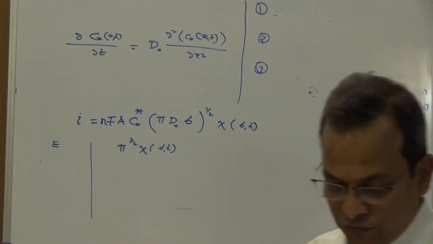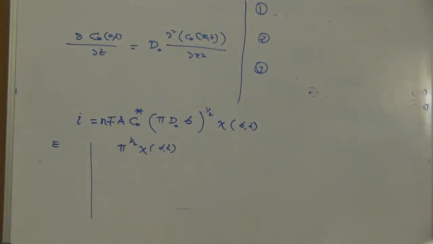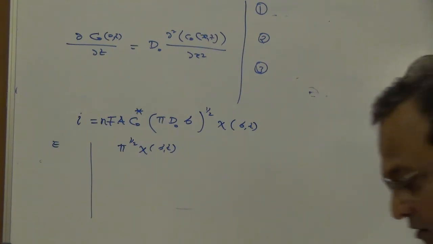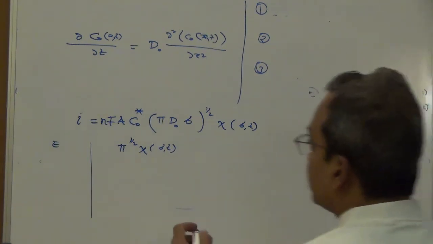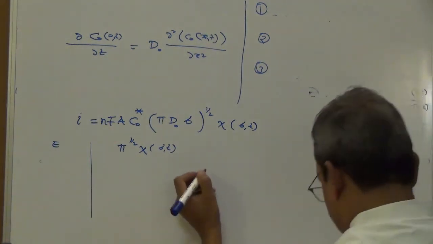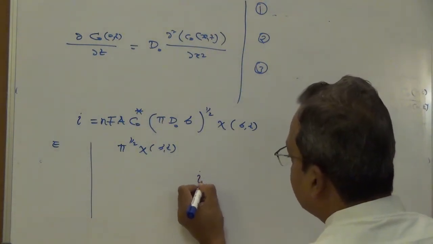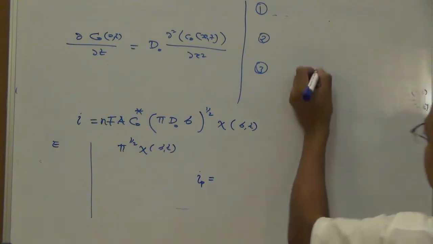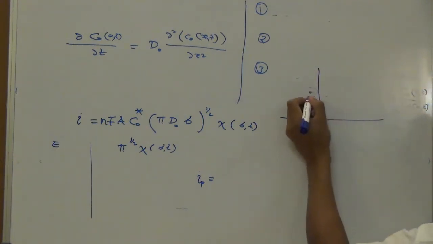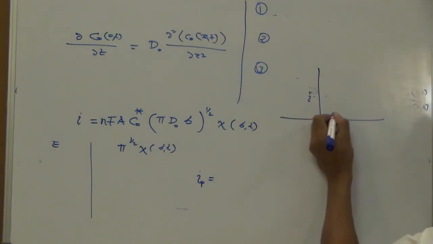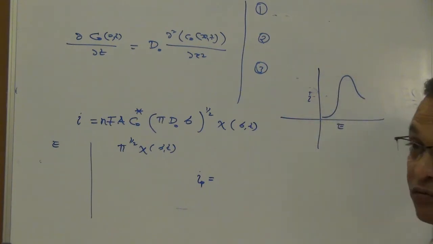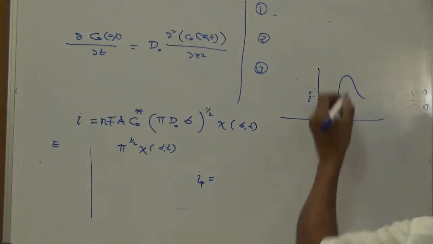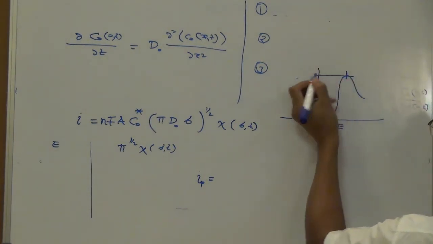We should not go too much into mathematics, but if you do that, you get an equation which is more familiar to you, the peak current. In the cyclic voltammogram, remember, you get an I versus E function. So this is a peak current, Ip.